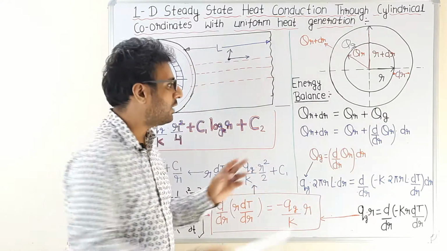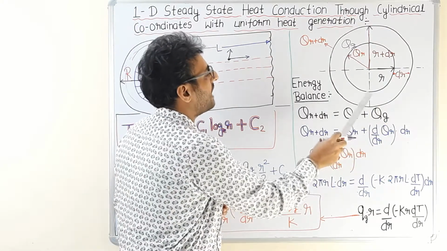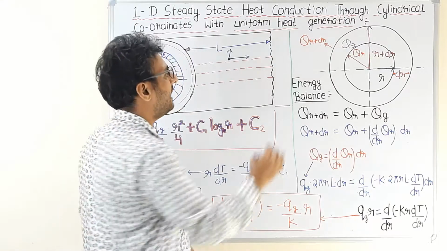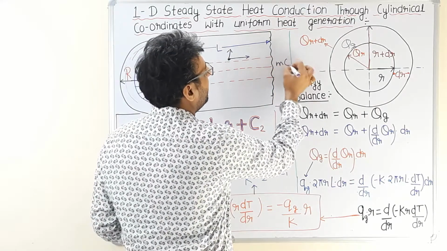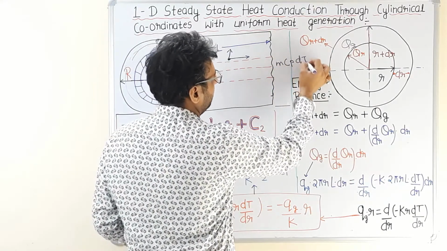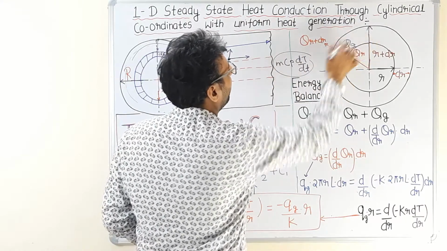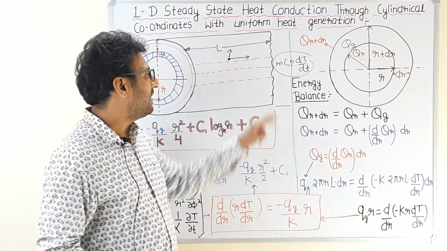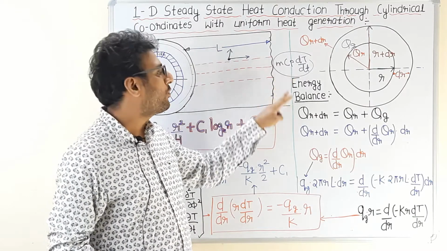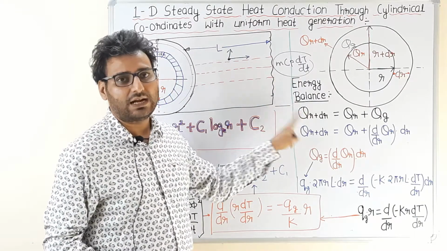Because if any part of this heat is absorbed by the material, then the internal energy of this element will increase, and a temperature increment of this element will occur. But we are considering steady state. So for steady state, this is the energy balance.